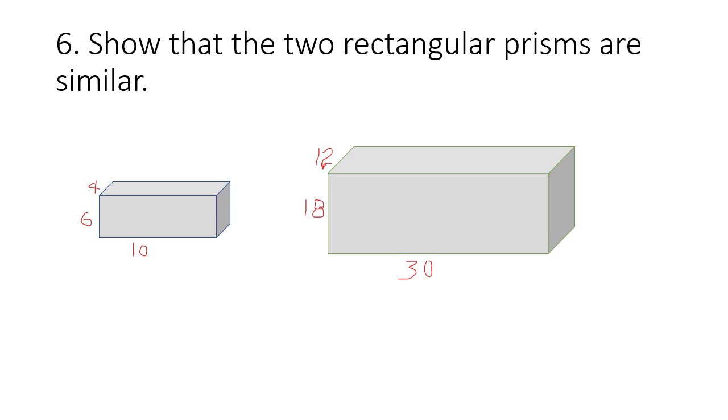Show that the two rectangular prisms are similar. So you have this one. Solution. 4/12 equals 6/18 equals 10/30.